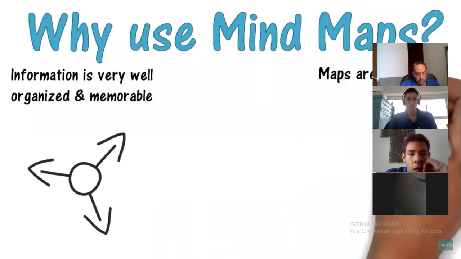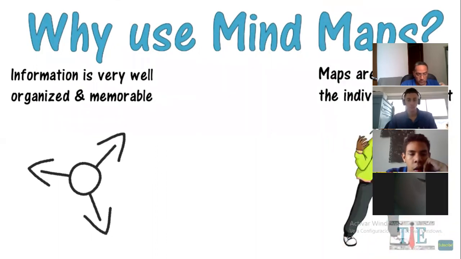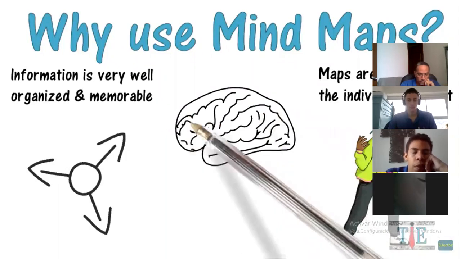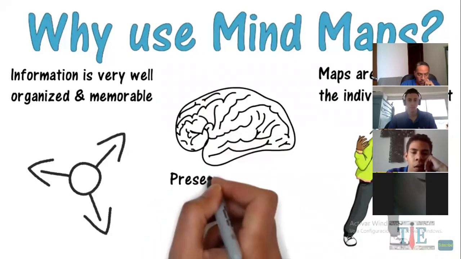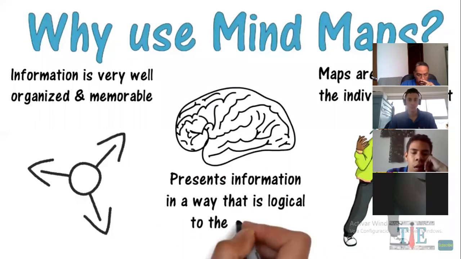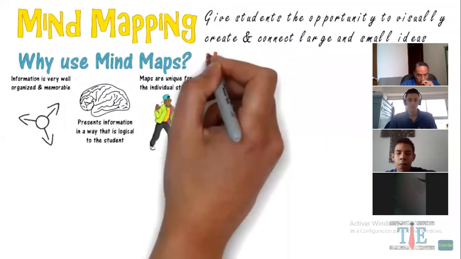When students create their own mind maps, those mind maps are unique to the individual student. Students create the maps just like they would create a work of art. The brain recognizes the content as both visual and verbal, and the maps are created using the brain's natural way of thinking. Mind maps are presenting material in a way that is logical to the student.